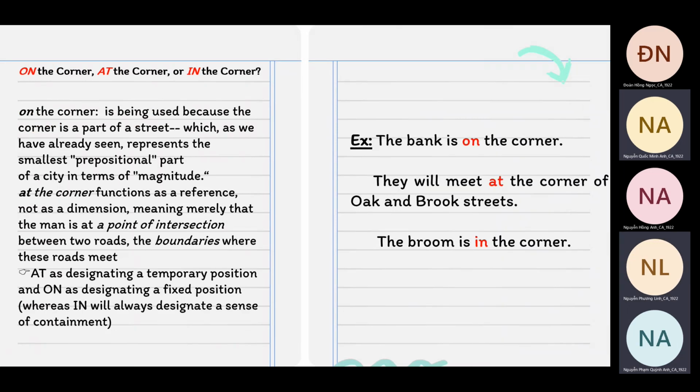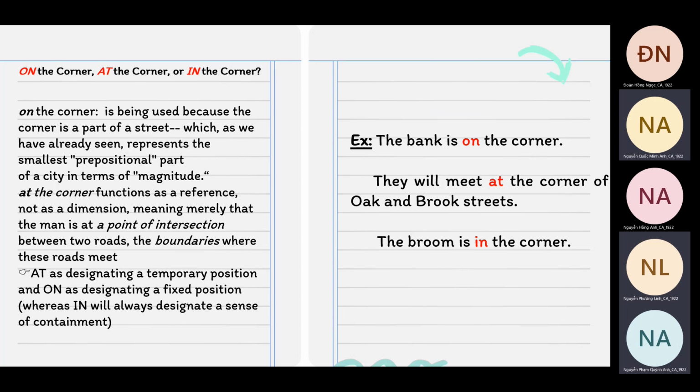So we will compare on the corner, at the corner, and in the corner. On the corner is used because the corner is the part of a street which, as we have already seen, represents the smallest prepositional part of the city in terms of magnitude.